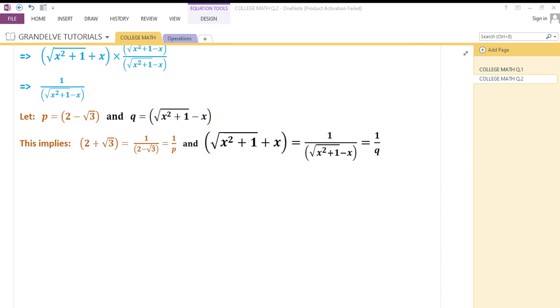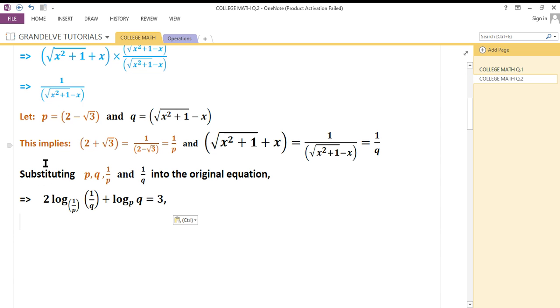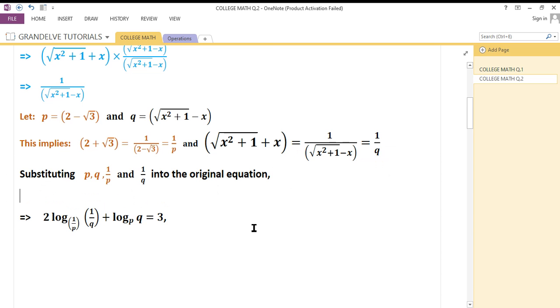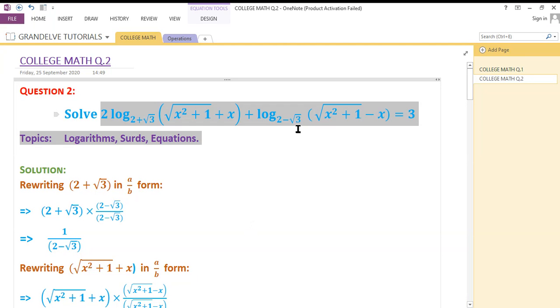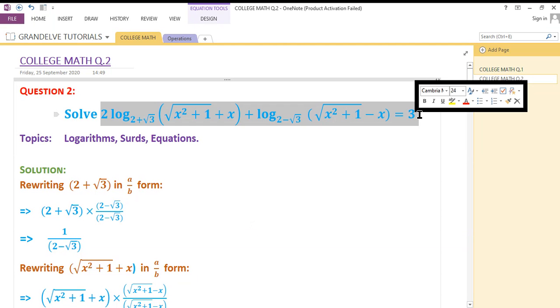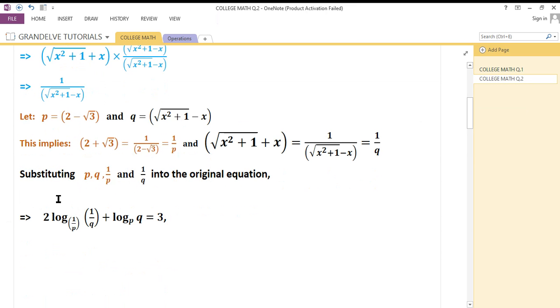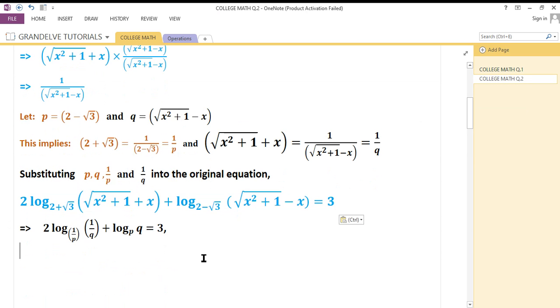We are now coming to do the substitution. We put p, q, 1 over p, and 1 over q in the original equation. To help your understanding, let's quote the original equation here, so that you see what we are doing.